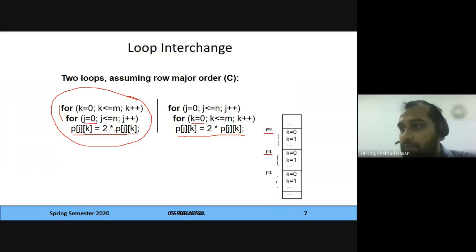So do you think that both these programs are going to perform equally if you don't have a cache with you? I'll say that it says equal. Why is it equal?